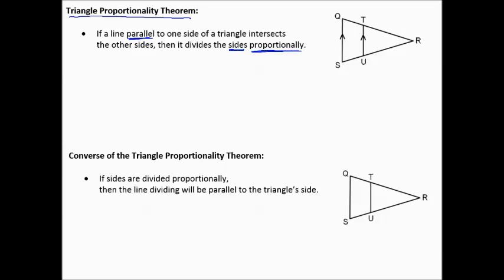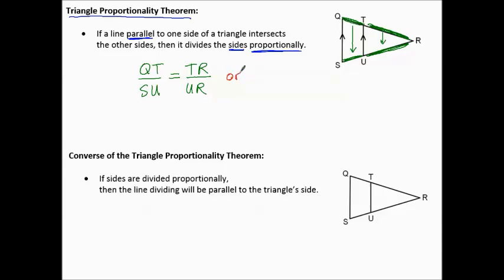So QT, one part of that side, over SU, so this piece over this piece in a ratio, will be the same ratio as TR, this piece from the top, over this piece from the bottom, TR over UR. That's one example of how the proportion can be written when the sides are divided proportionally.